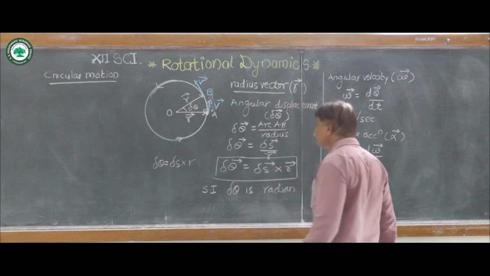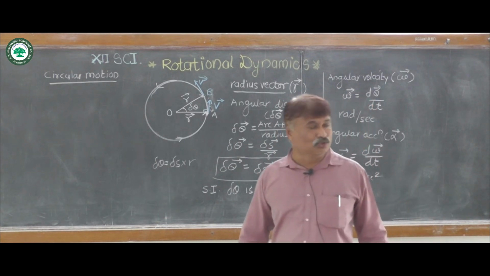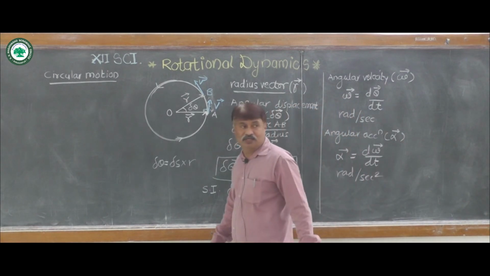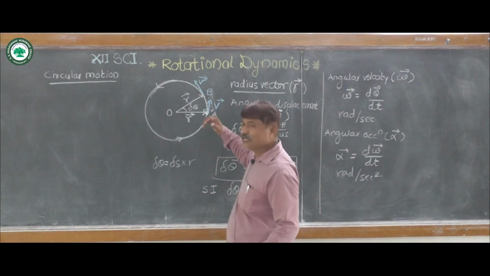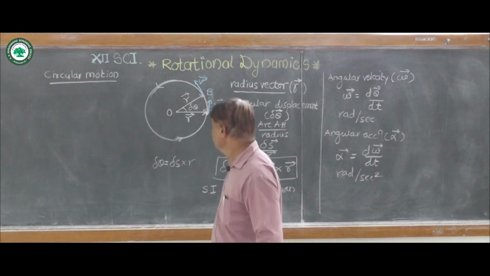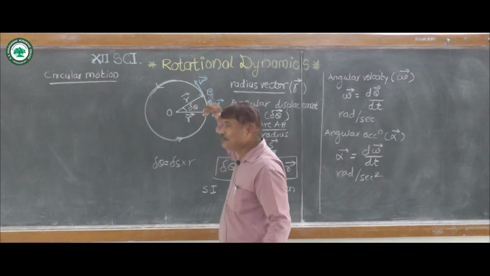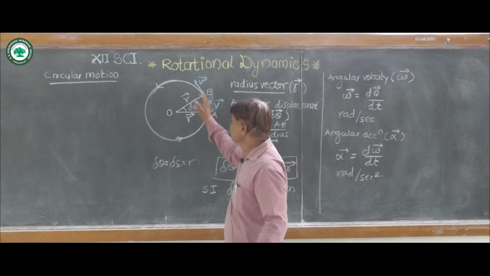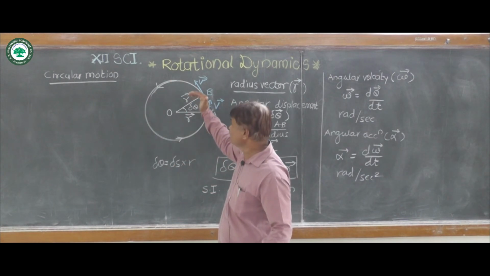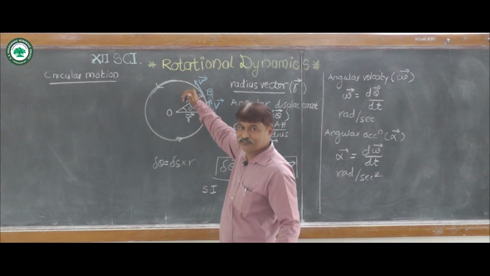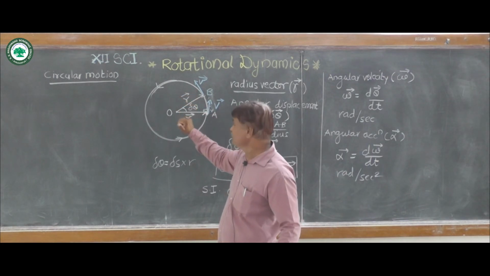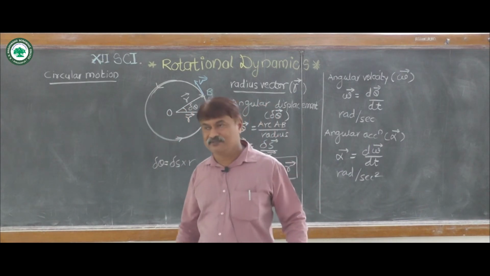Now, by using the right hand thumb rule, we can draw the direction of omega, which means angular velocity. As the particle is moving in the anti-clockwise sense, curved fingers are shown along the motion, then the thumb denotes the direction of omega, along the axis.